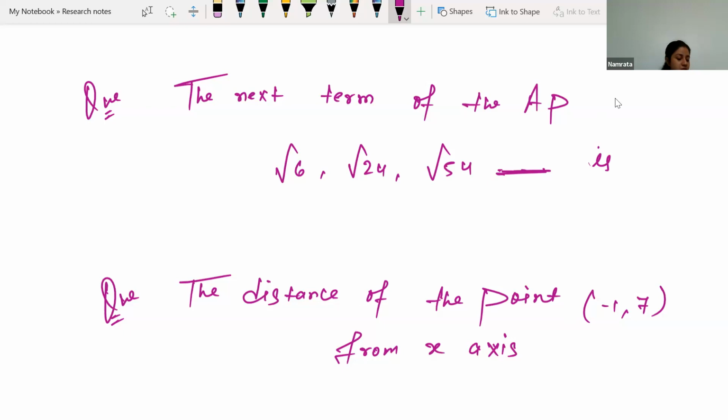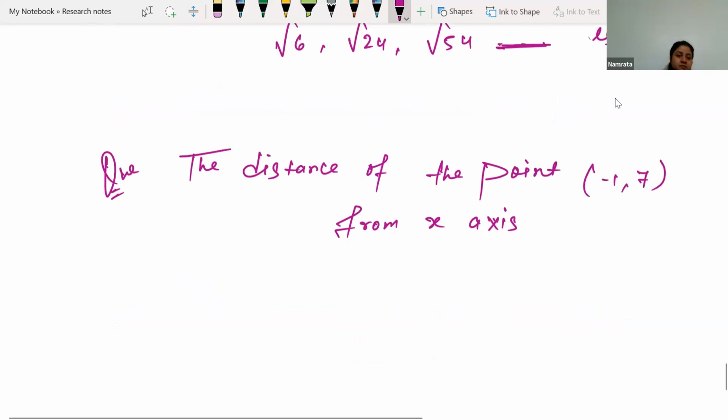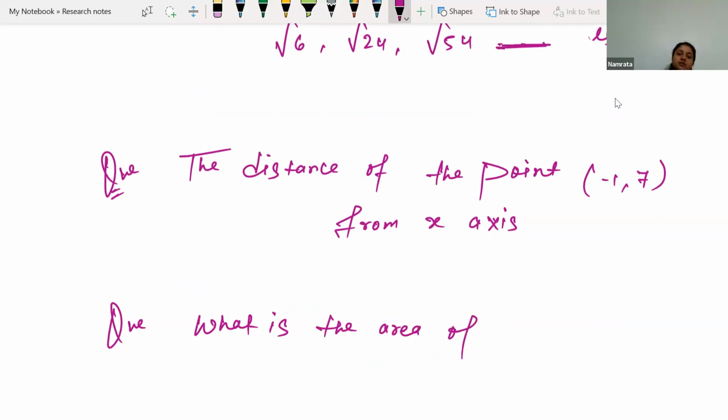Let's do these two questions. What is the area of a semicircle of diameter D?